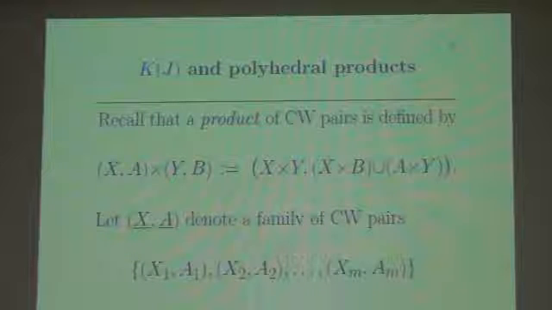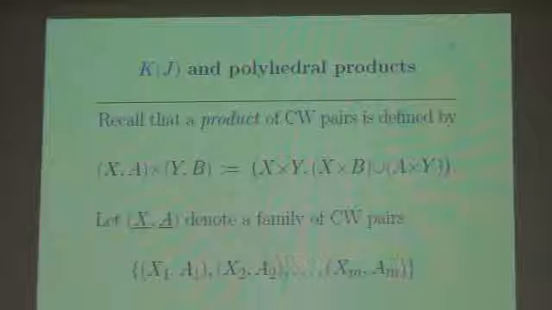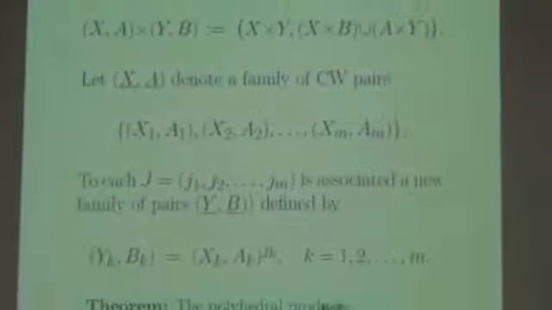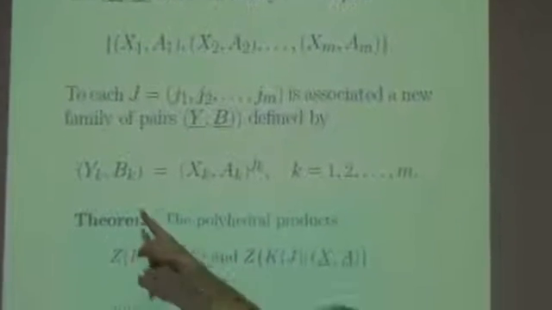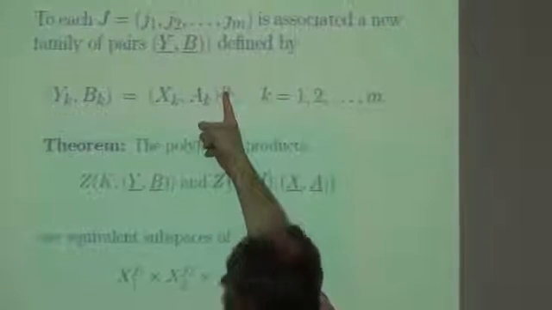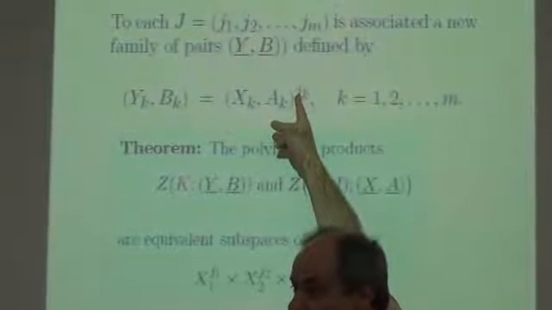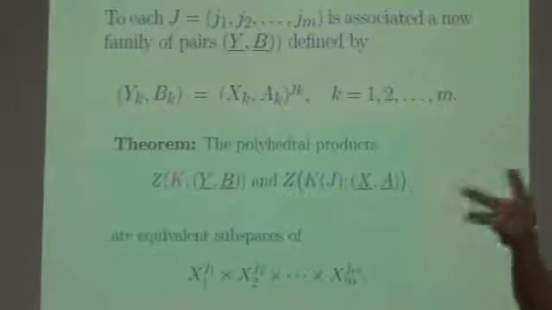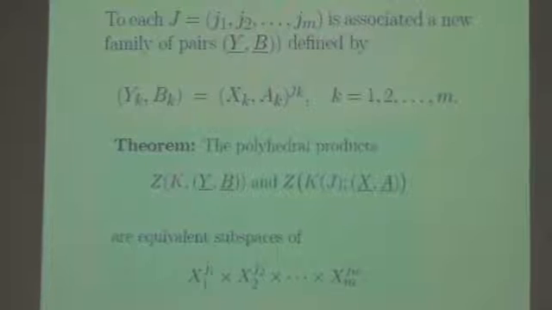That is the Cartesian product on CW pairs. So if you give me a string of J's, I can make a new family of pairs (Y_k, B_k), where (Y_k, B_k) will be (X_k, A_k) multiplied by itself J_k times. So I'm exponentiating CW pairs, right?